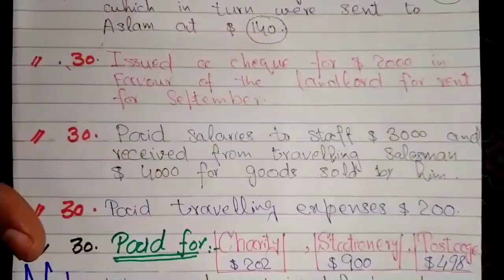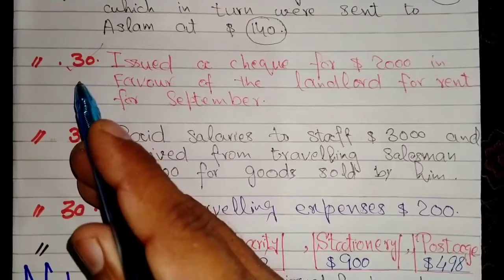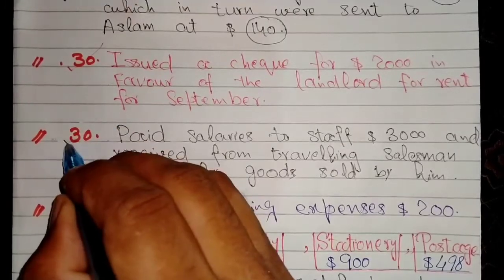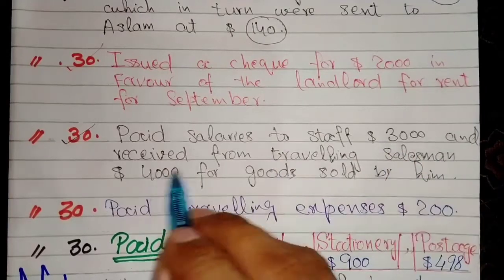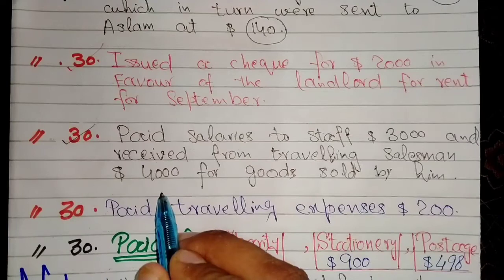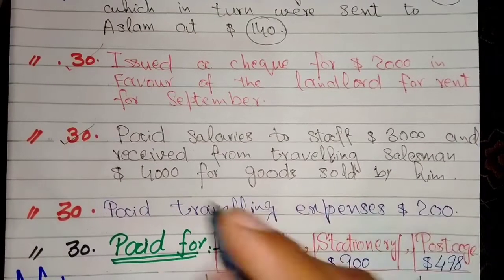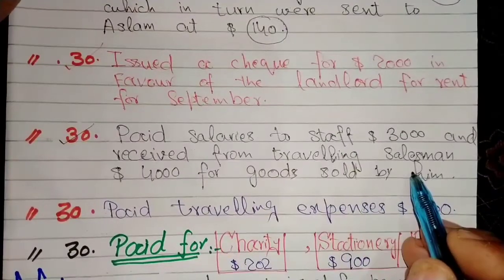Next transaction has been done by the business on the same date as above, September 30th, which is paid salaries to staff amounted $3,000 and received from traveling salesman amounted $4,000 for goods sold by him. This transaction has two parts. First is paid salaries and second is received from traveling salesman.